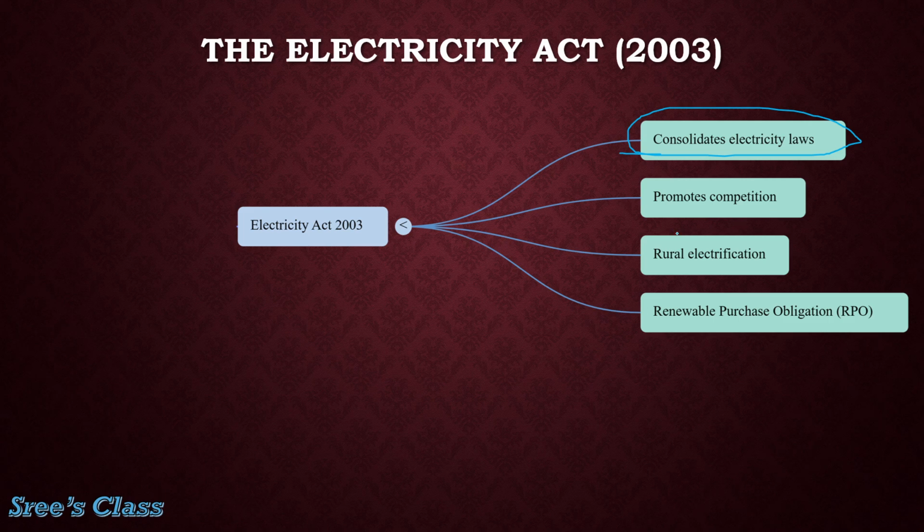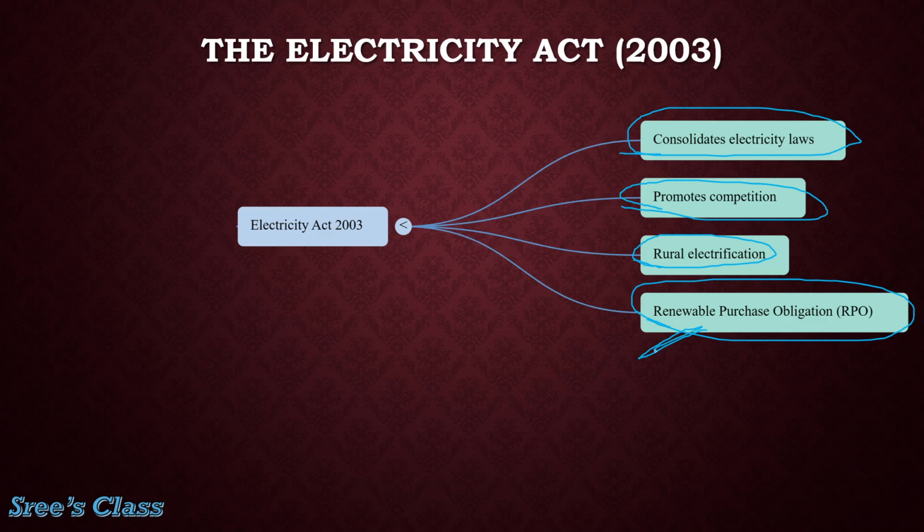It promotes competition between the companies. What are the differences before the EC Act and after the EC Act, we will be discussing next. And it explains about rural electrification and of course RPO, renewable purchase obligation.